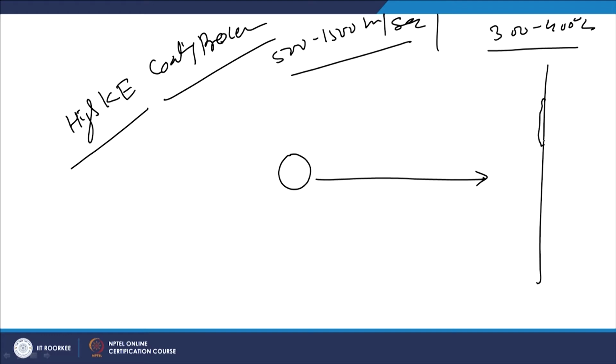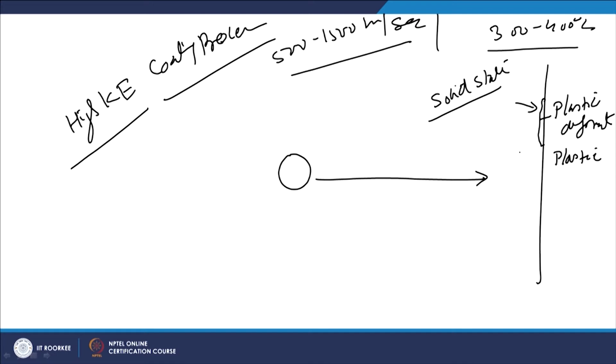The flattening happens in the solid state itself, and this leads to plastic deformation of the powder particles while flattening, which causes plastic strain in the deposited material. This plastic strain eventually results in the development of residual compressive stresses.